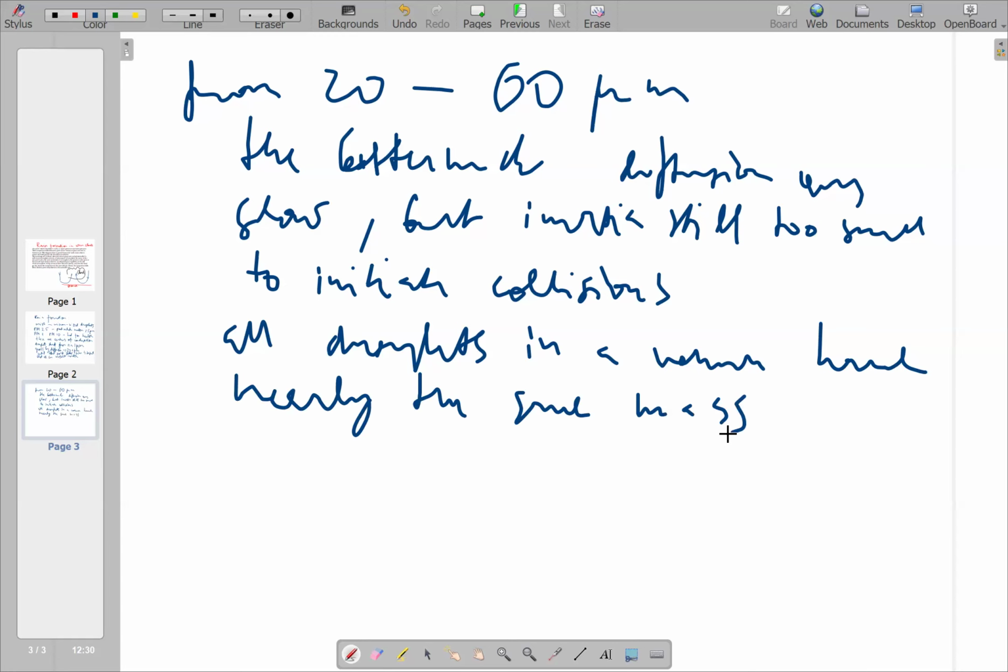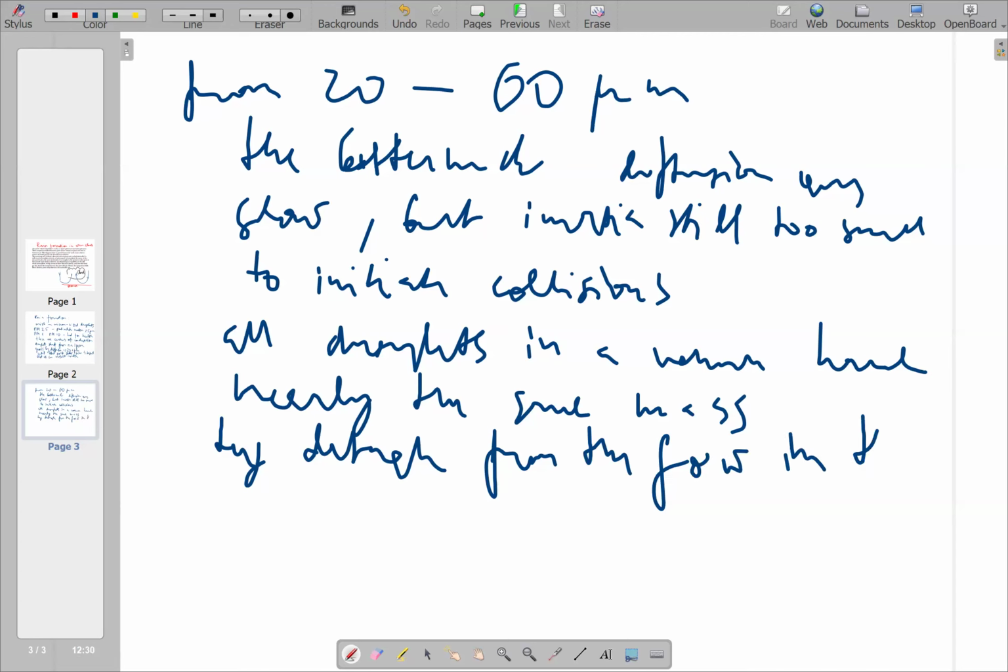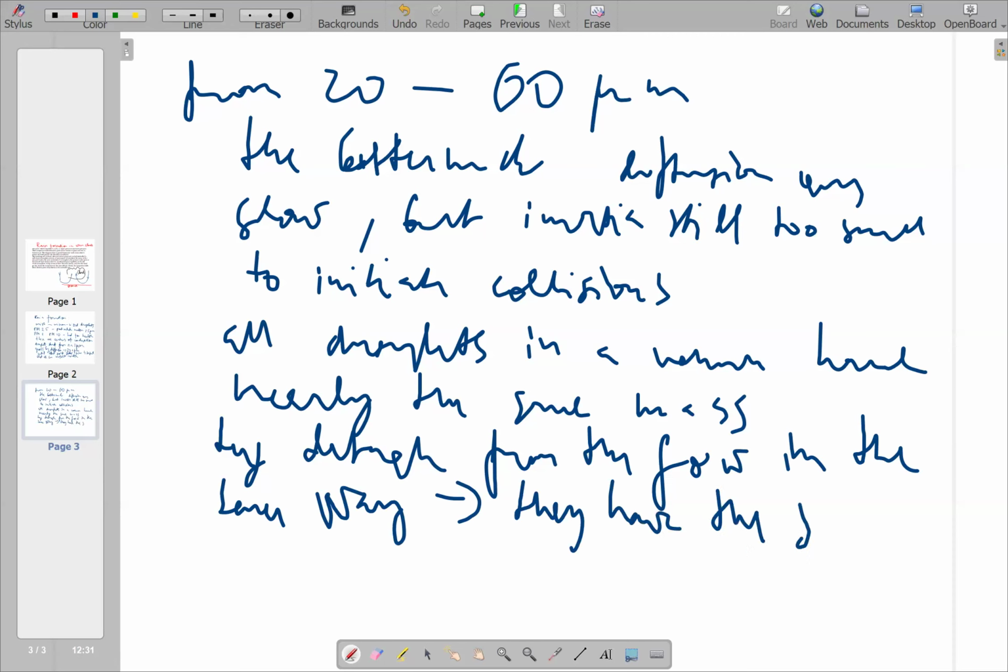And this means that even if they are detaching from the flow, they all detach in the same way. Which means that they have the same velocity and cannot collide.